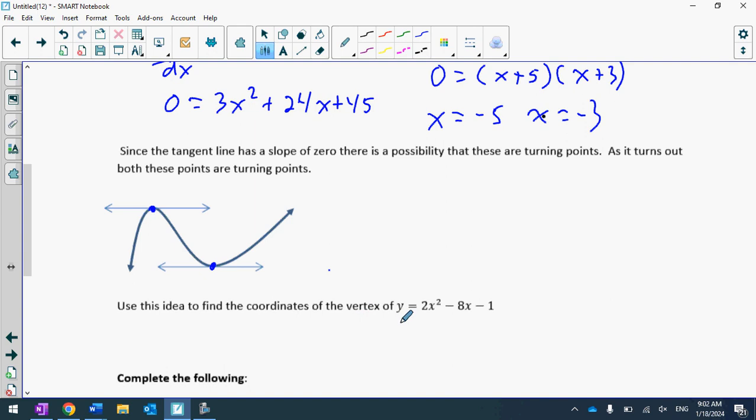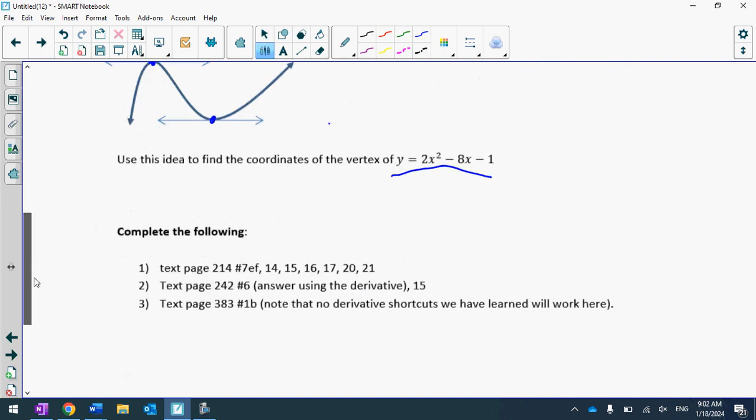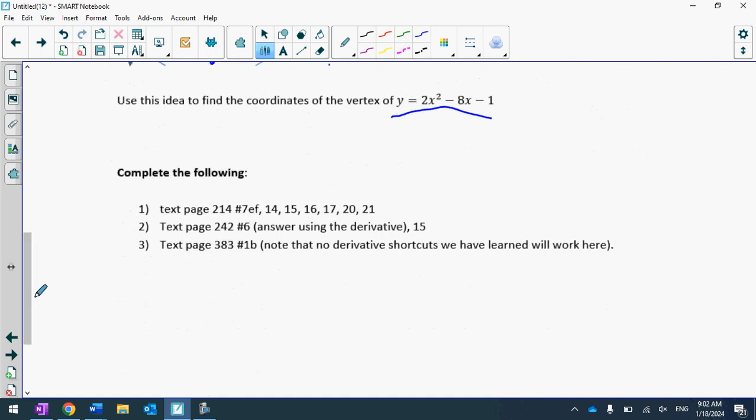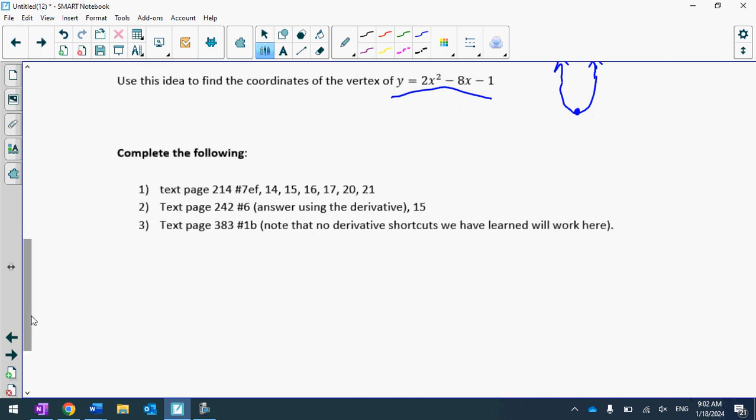So let's consider this quadratic equation right here. I know that a quadratic equation has a vertex or a turning point. I know that this parabola opens up. So I know that there must be exactly and only one place where the instantaneous rate of change or the derivative is equal to 0, and that must be the vertex. This gives us a nice way to find the vertex of a parabola.